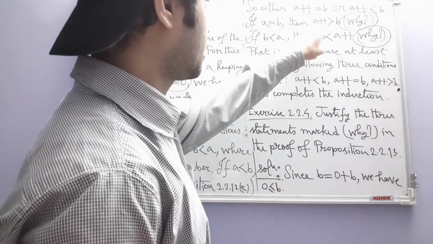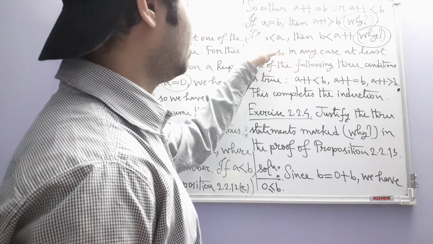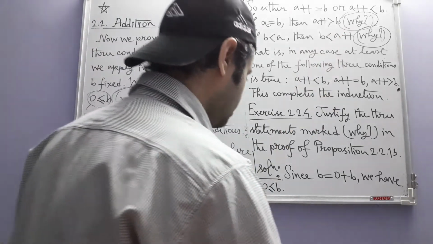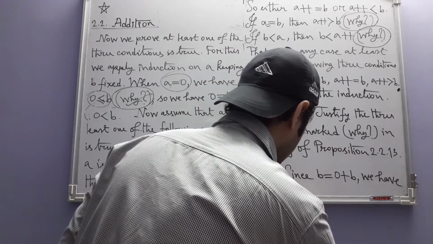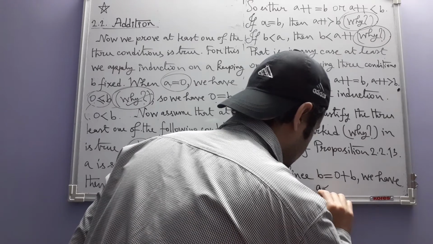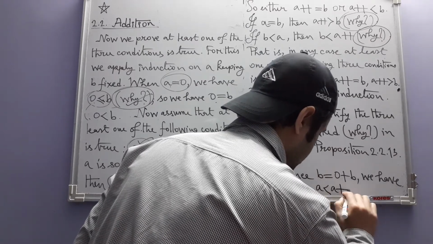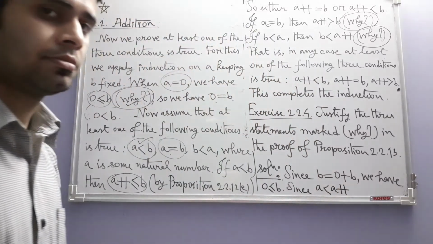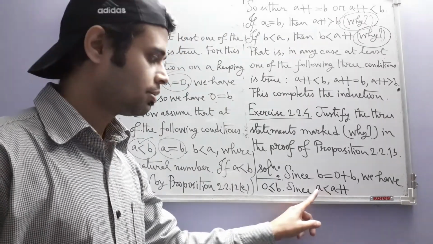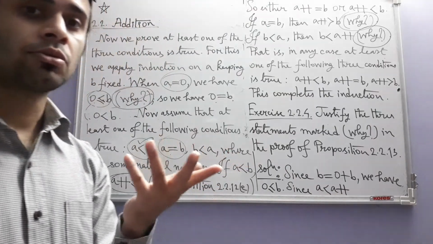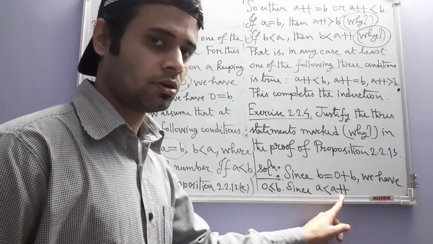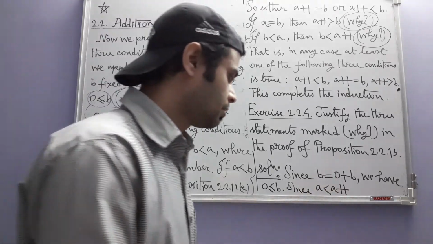Okay, next comes this. If a is equal to b, why do we have this? Since a is less than a plus plus. You see, we have already come across this once when we said that there is no largest natural number. There we have proved this or made sense of this.